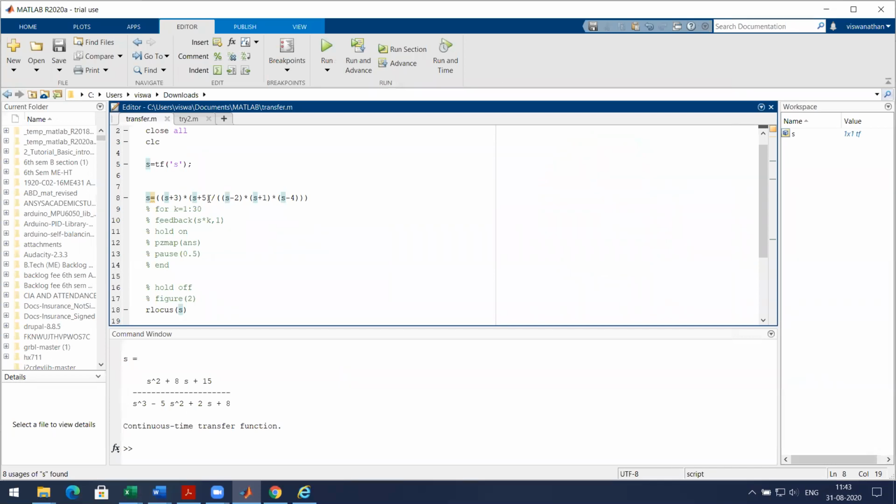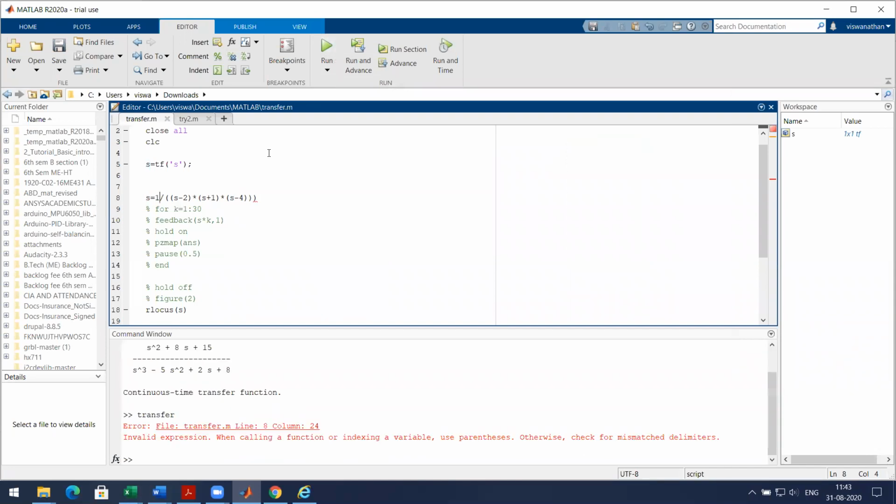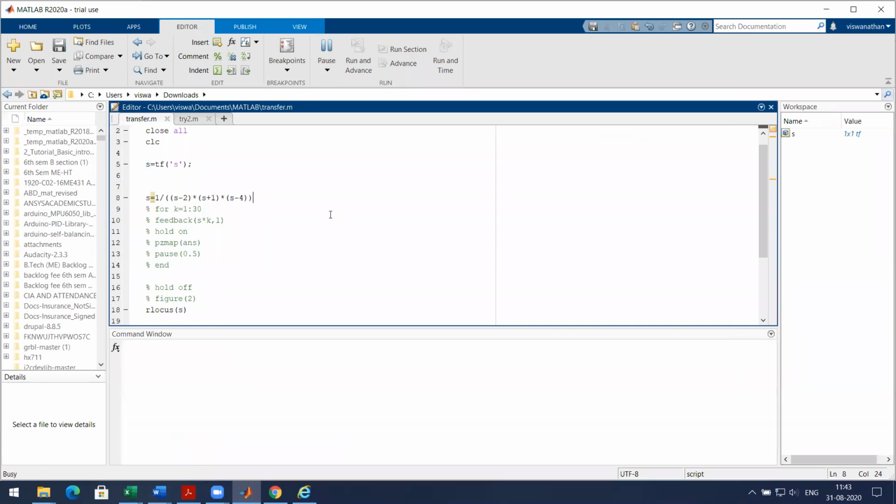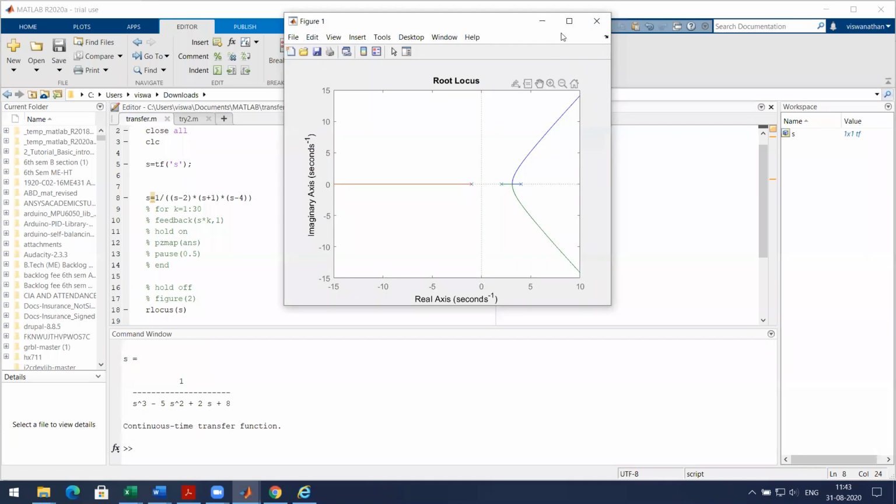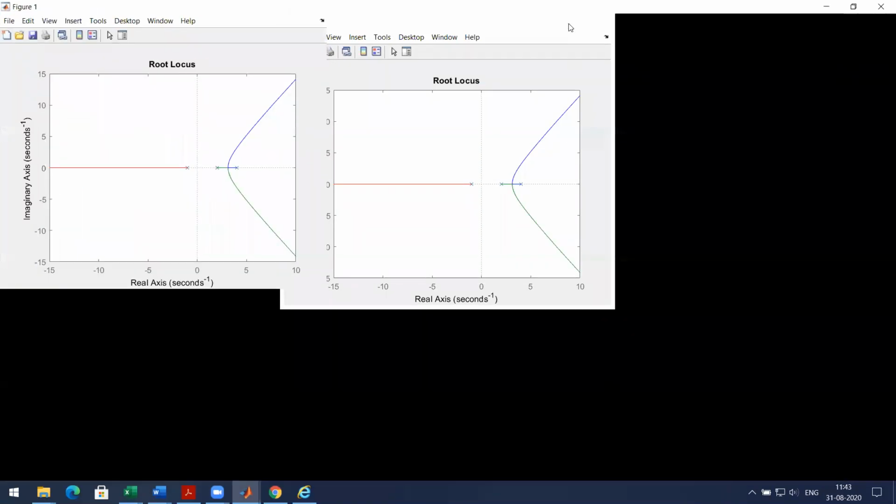So I'll remove all zeros. Suppose I don't have any zeros. I have only 3 poles. What should happen? If I have only 3 poles, then all 3 will go to infinity.